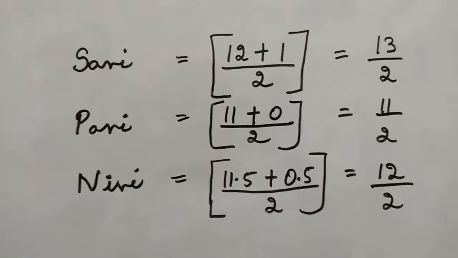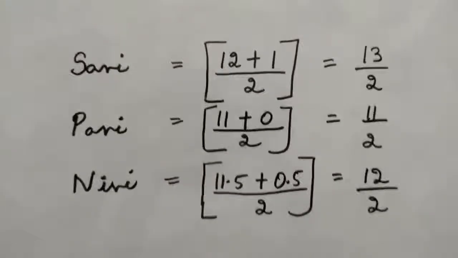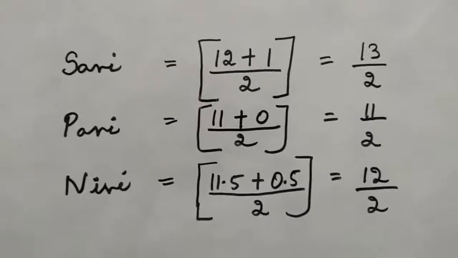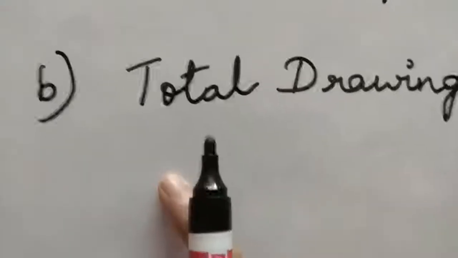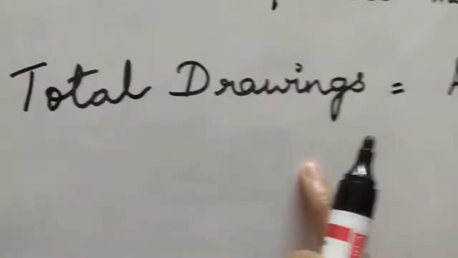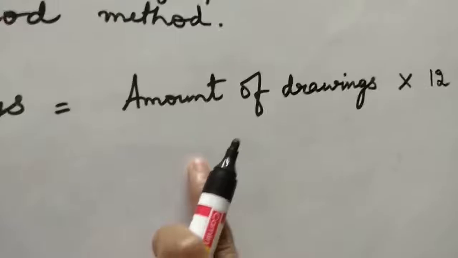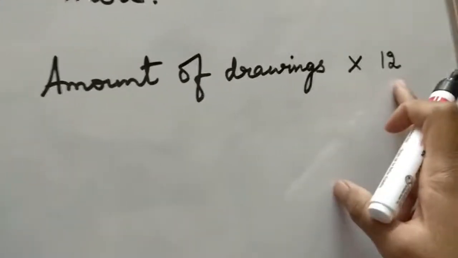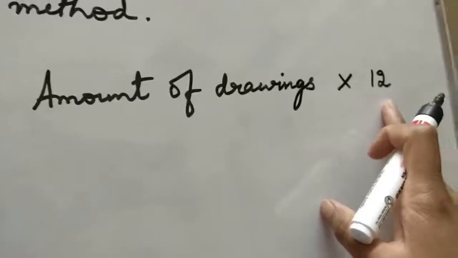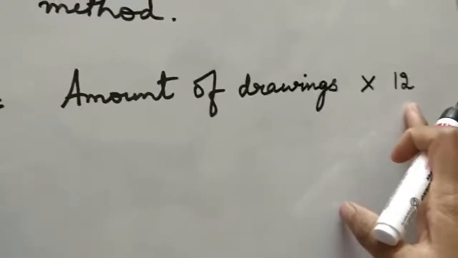Second calculation is going to be total drawings made by the partners. So coming to the second calculation, the total drawings made by each partner, we are going to find out using the formula amount of drawings into the number of months. So here, as it is a whole year, I have taken 12.